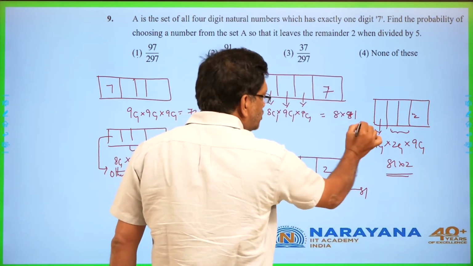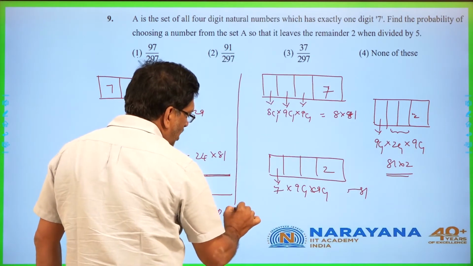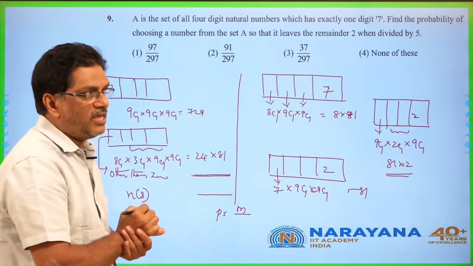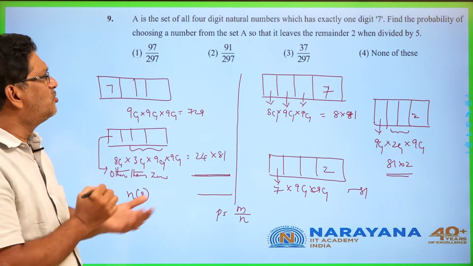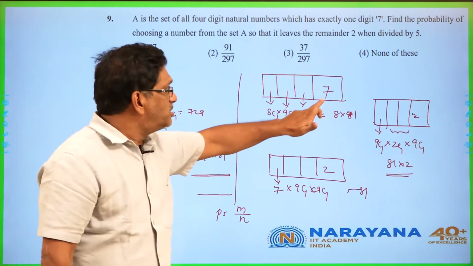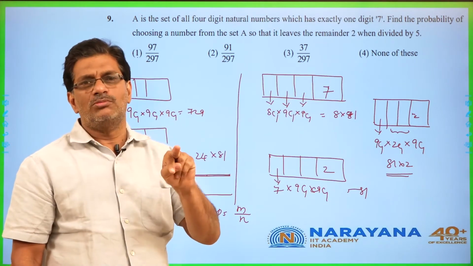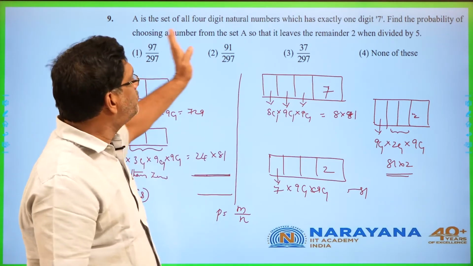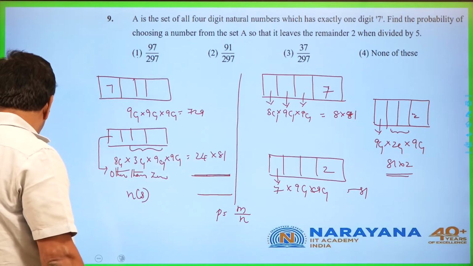So add this one. Your probability is favorable, denoted by M, by total N. Simplify this one, you will get 1 among these options. So this is very, very important. Divisible by 5, the units place is either 2 or 7 from these particular cases. Okay, let us go to the next question.